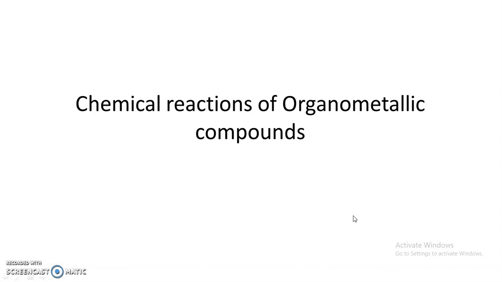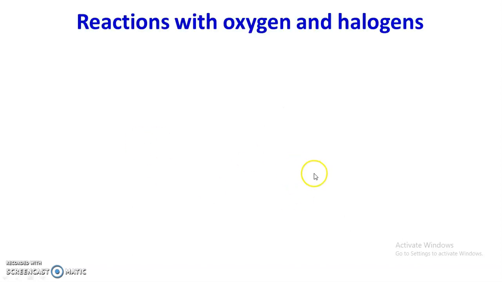So the coordination number of the metal can be extended, and this is also useful for its chemical reactivity. Okay, so we are going to discuss the first reactivity of organometallic compounds, that is reaction with oxygen and halogens.